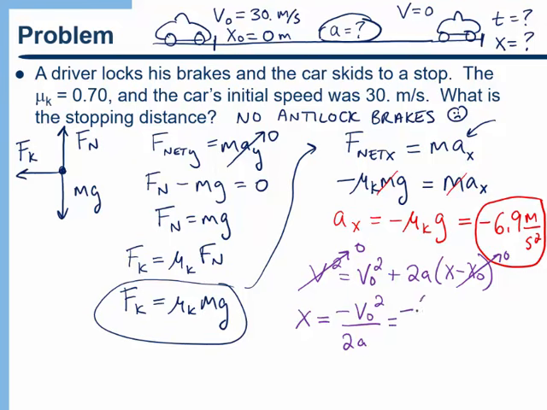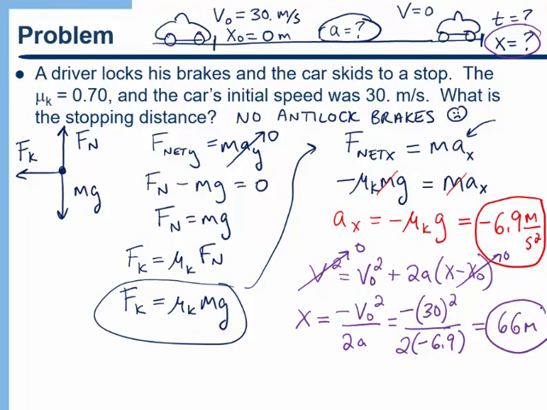We've got negative, then we've got 30 squared. We're dividing by 2 times the acceleration, which is negative 6.9. And you'll notice that those negative signs are going to cancel out. We know that they should because we know that x is going to be positive because the car is ending up to the right of where it started. And so we get 66 meters for our answer.